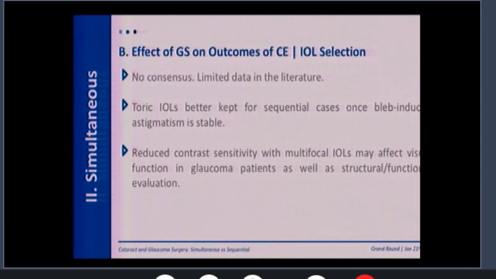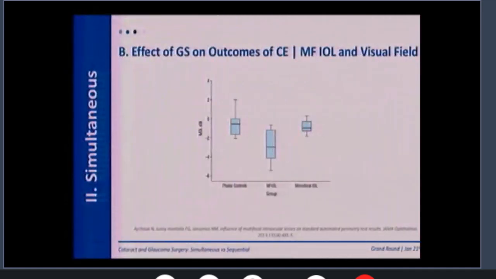So the visual field and the OCT may have artifacts because of the diffractive ability of the multifocal IOL. This paper from JAMA grouped the patients into three, and they are all normal patients, not glaucoma individuals: phakic patients, patients with multifocal IOL, and patients with monofocal IOL. They did a visual field assessment in all three groups. What they found is that phakic controls had no change in the mean deviation.